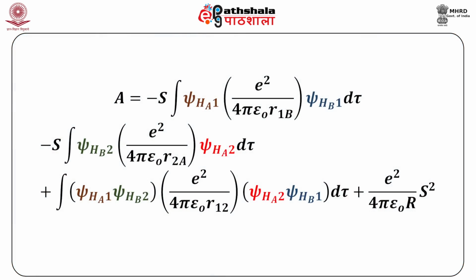This is because in this expression for A, the wave functions considered recognize the indistinguishability of the two electrons. It is therefore a strictly quantum mechanical entity. Since the exchange of an electron between two nuclei is considered in this expression, it is called the exchange integral.